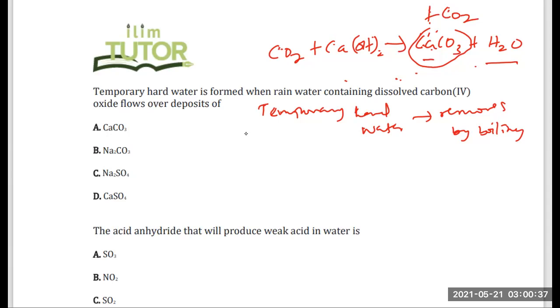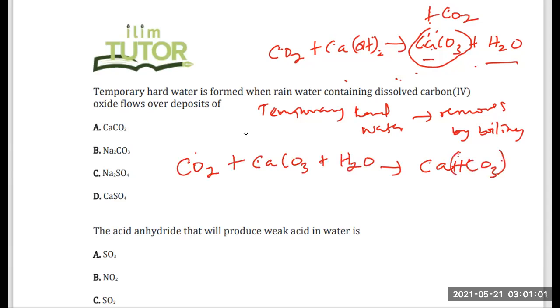soluble calcium hydrogen carbonate. So what we are saying is that if I have CO2 plus limestone, and of course the rainwater, or you say in the presence of water, then I'm going to form calcium hydrogen carbonate. This is decomposable.